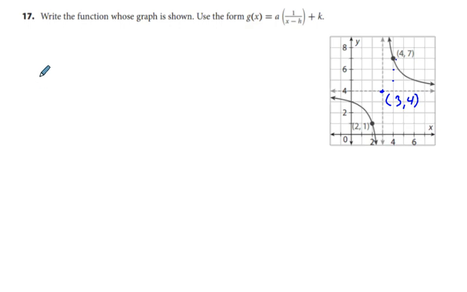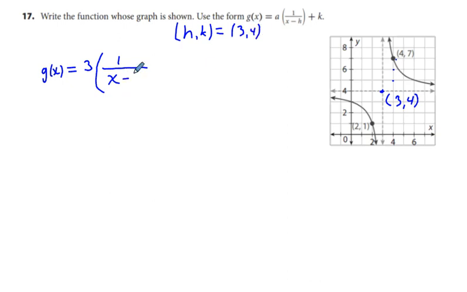So g of x equals 3, and that would be our a form, over 1 times x minus h. Well, the point h comma k in this case is going to be 3 comma 4.